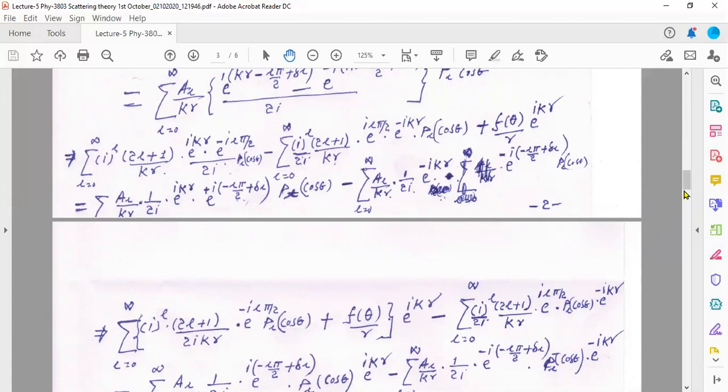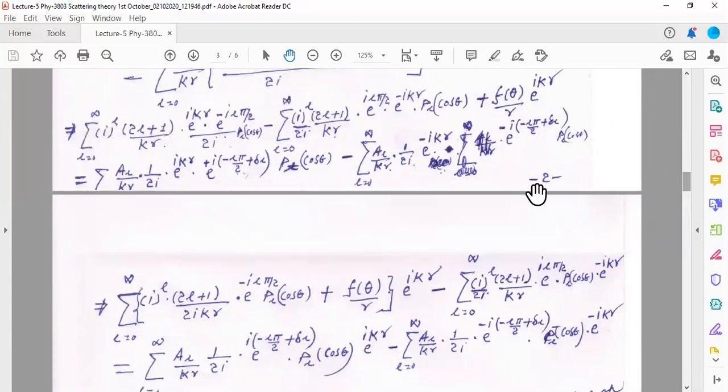And now the right hand side also. So for the right hand side also, take the e to the power of ikr term first. If you take the e to the power of ikr term, the coefficient of the e to the power of ikr term is this.